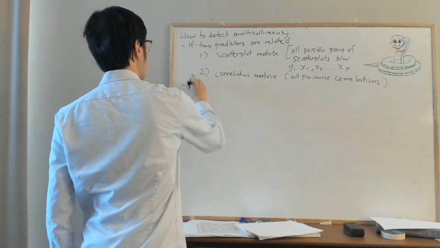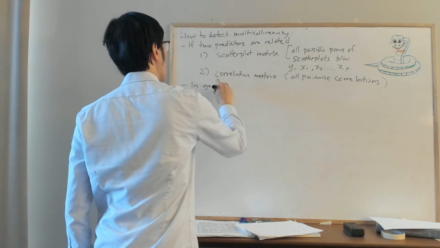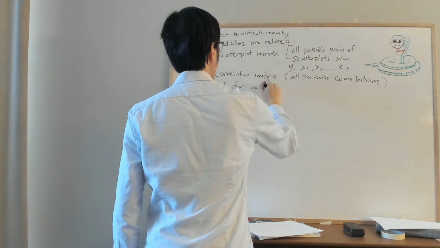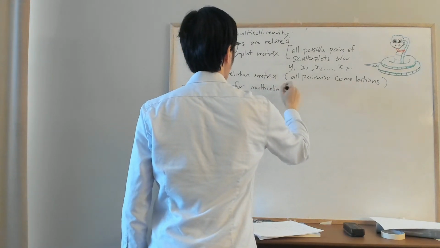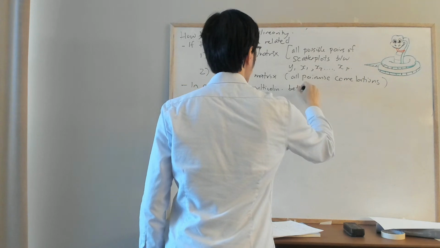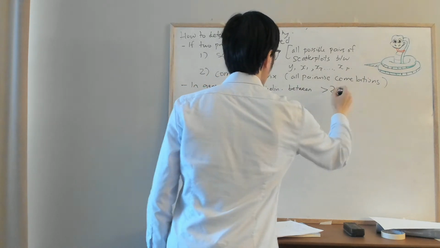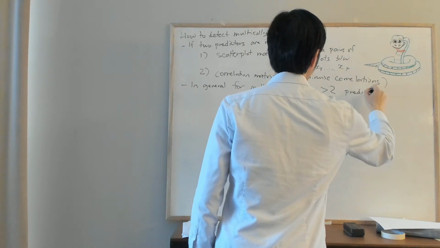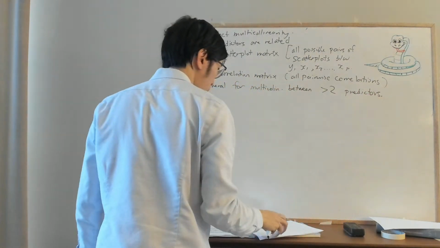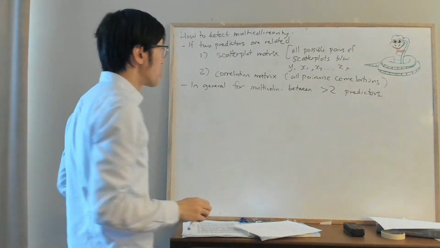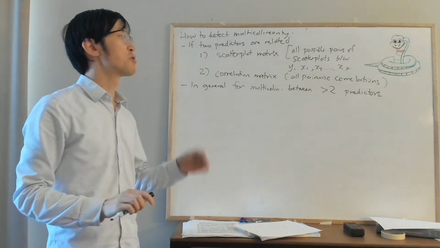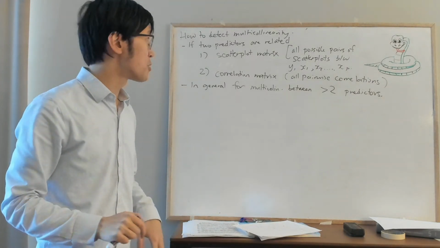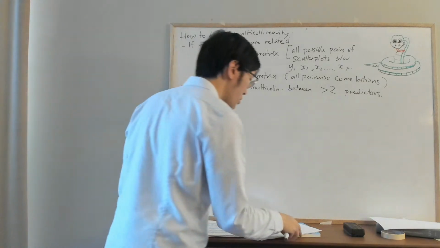So in general, for multicollinearity between more than two variables, we can look at how much larger the estimated variance got as a result of adding these predictors to the model.